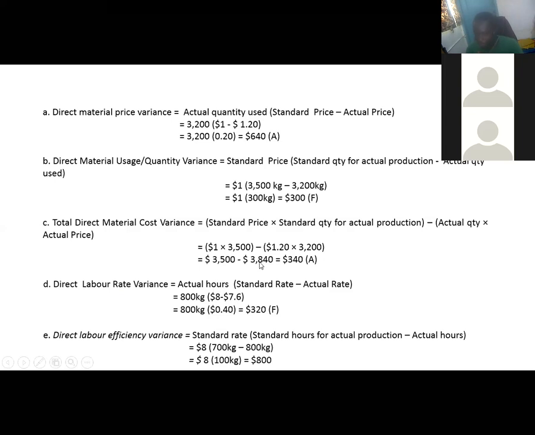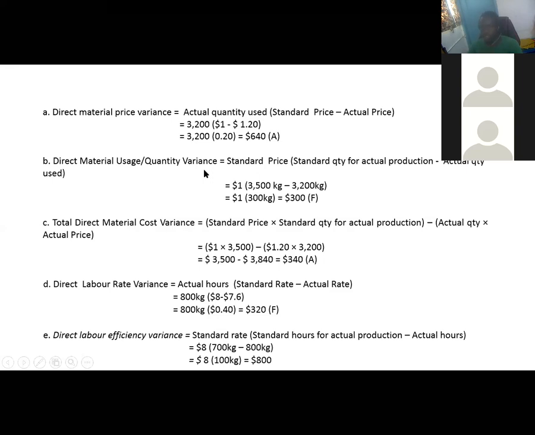Before that, I think I said I'll teach you a very simple way of going about C, right? We said earlier that total direct material cost variance can be divided into two: direct material price variance and direct material usage variance.